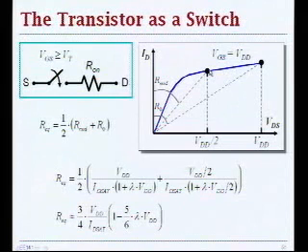But for most analytical purposes, it's sufficient to provide a first order approximation that your equivalent resistance is simply the average of the two endpoints. So you have a starting point at VDD, and then you have an endpoint over here at VDD over 2.